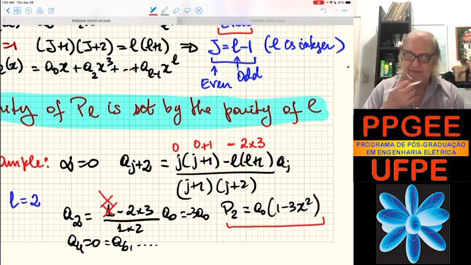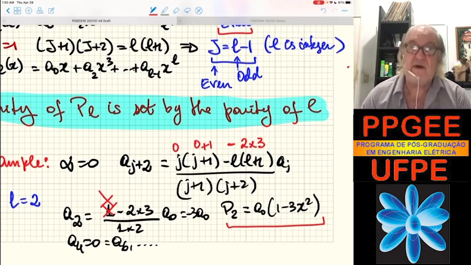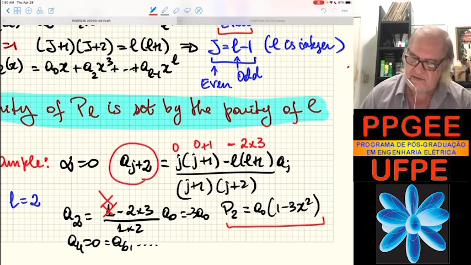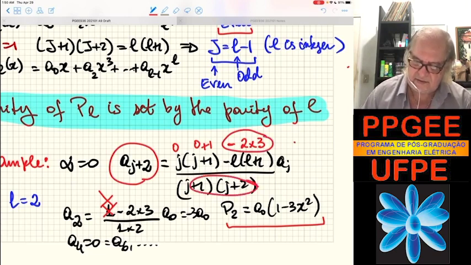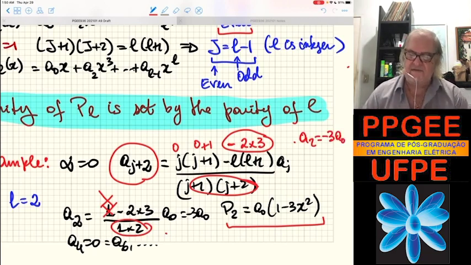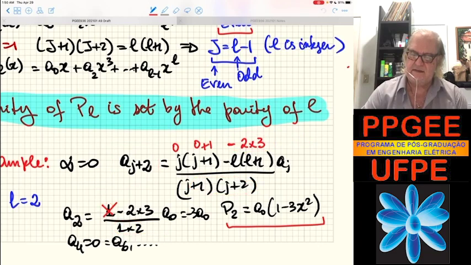So for a2, we're going to have minus 2 times 3 divided by 2. So a2 equals minus 3a0.